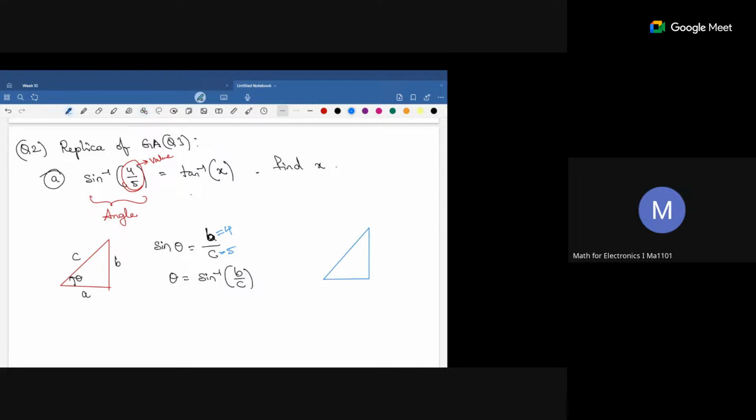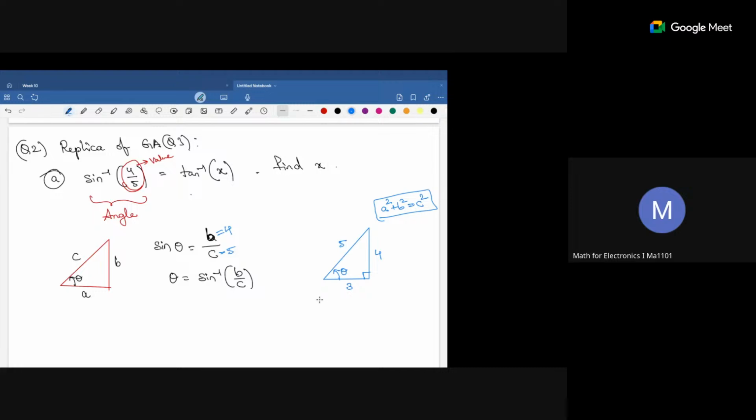Okay, so this is 4 and this is 5 and this is theta, correct? So once this is 4 and this is 5 and this is a right angle triangle, again we all know this very own old formula, a square plus b square is equal to c square. If you use this, then you will see that this will be 3.